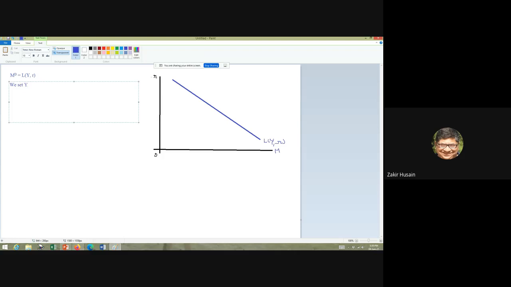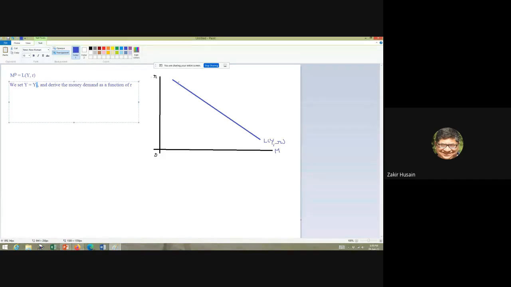We take a particular level of y, let us say y1, and derive the money demand function, money demand as a function of the rate of interest.